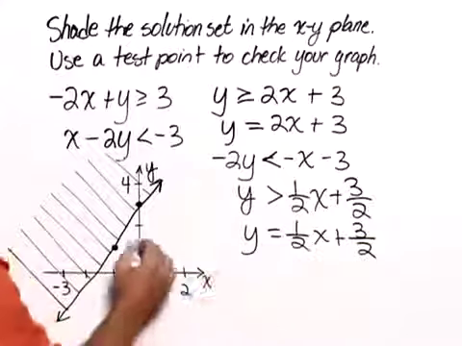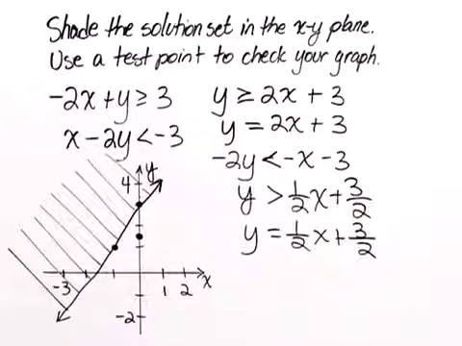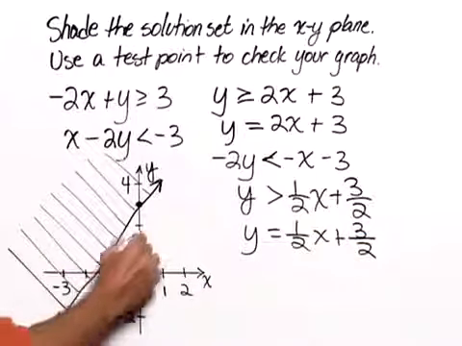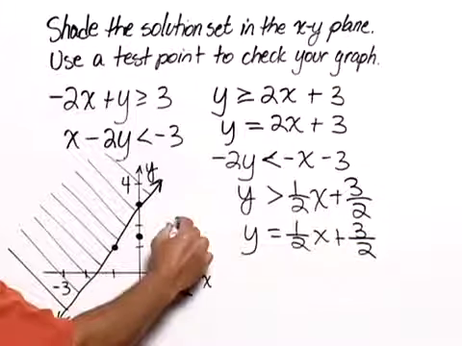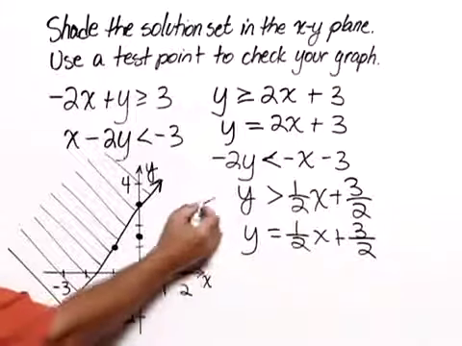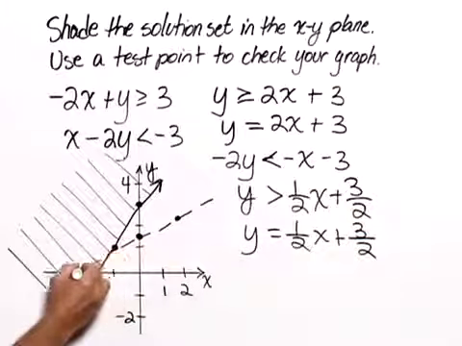Starting with the y-intercept of 3/2, that's 1.5. With a slope of 1/2, we would go up 1 and then over 2. We would now draw a dashed line that goes through those points.